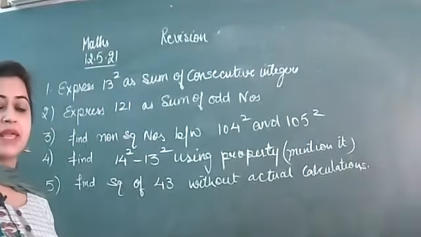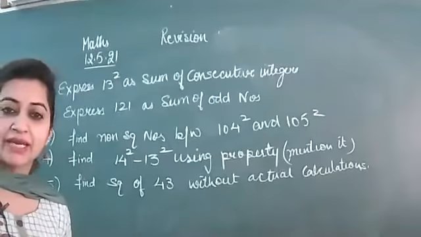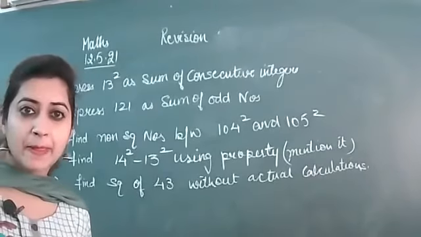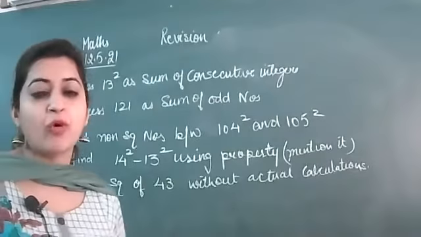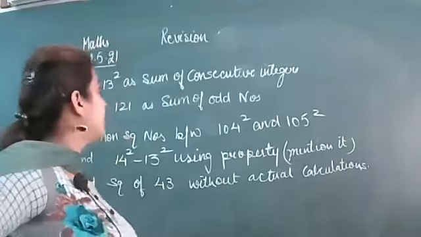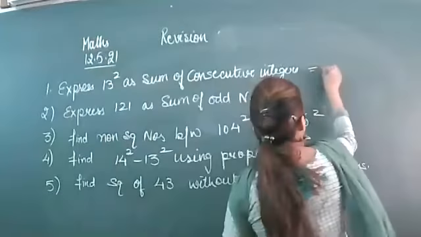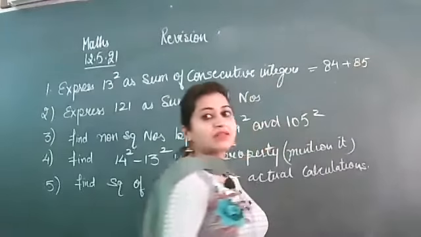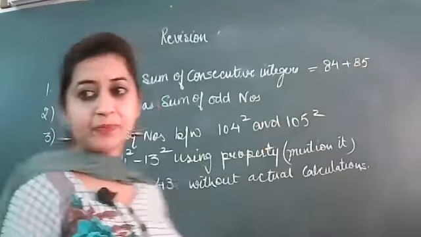The answer is 169 can be written as, yes, Arya, 84 plus 85. Is it okay? So the answer of the first part is 84 plus 85. You will write the formula side by side. Otherwise, marks will be deducted.